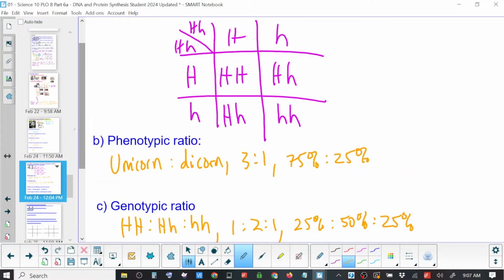Now, if you're having trouble with the last one, what's 80 divided by 4? 20. So just put 20 in each one, and you can count up.